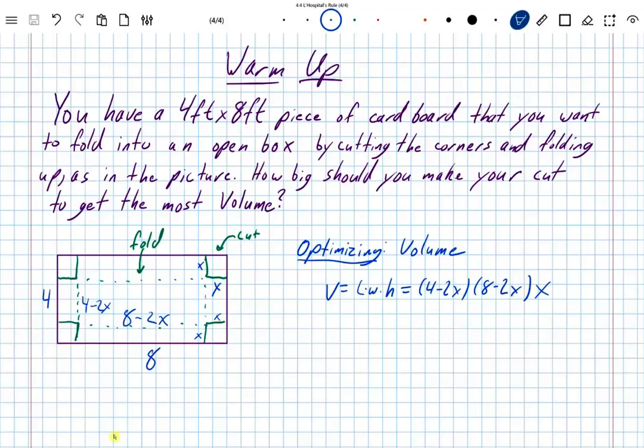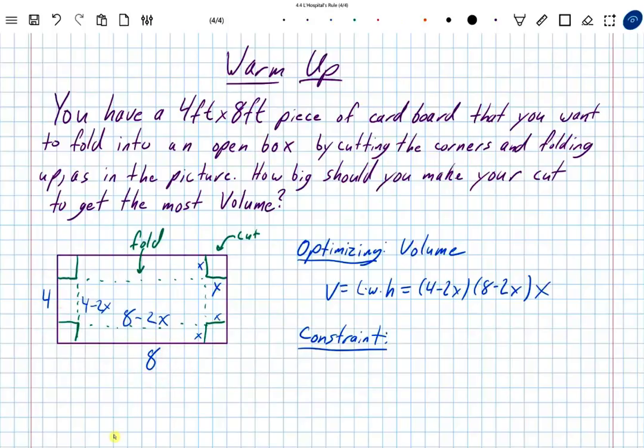Now often we would look for a constraint, but we actually don't need one this time. Why don't we need one? Well, volume is really a function of one variable, and so we'll use our constraints to lower it to one variable. That's kind of a practical answer. The better answer is just that there isn't one. The constraints are naturally included here in the fact that this is 8 by 4.